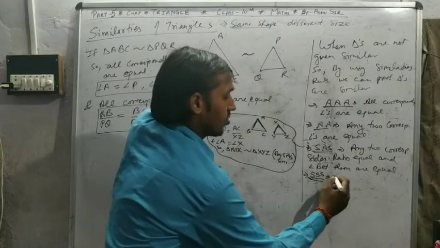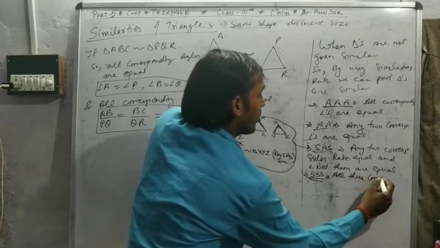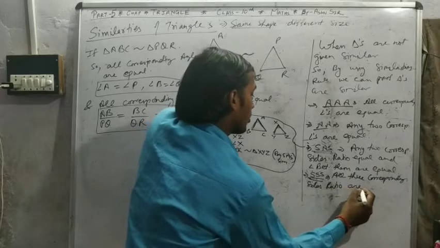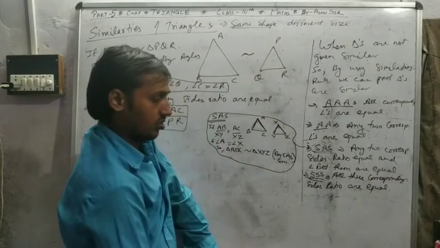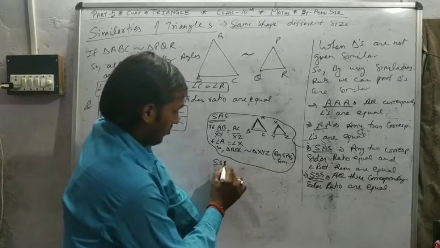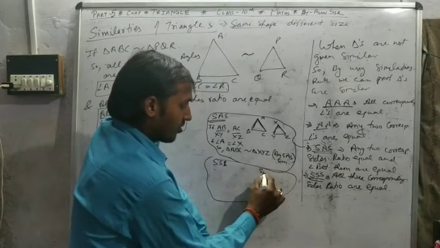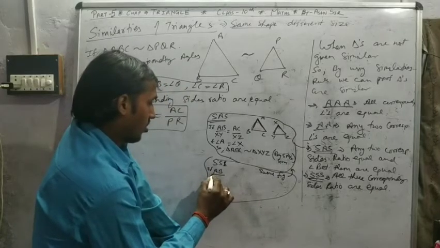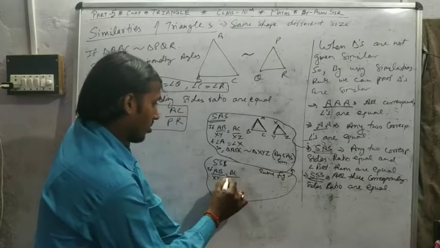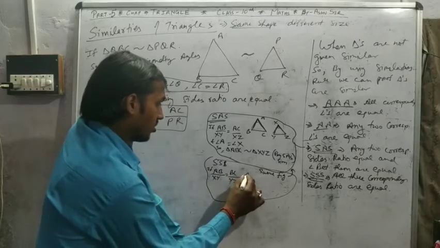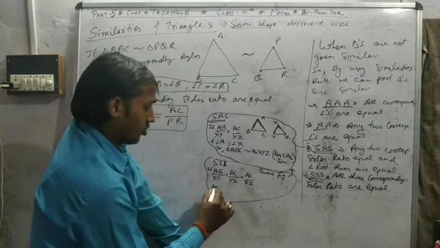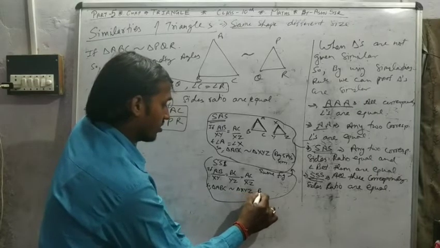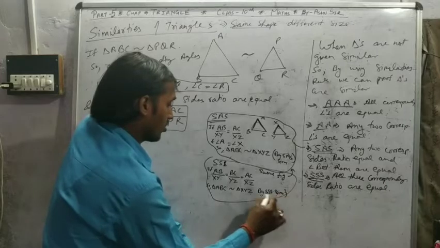SSS, all three corresponding sides' ratios are equal, means for the same figure, if AB upon XY, BC upon YZ, AC upon XZ, so triangle ABC is similar to triangle XYZ by triple S similarity.